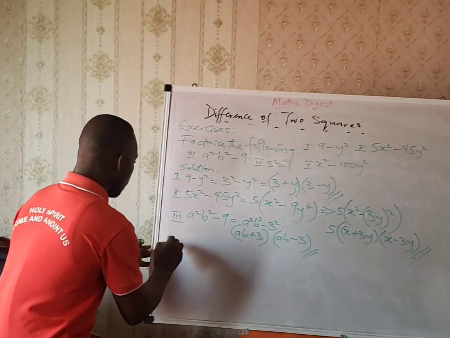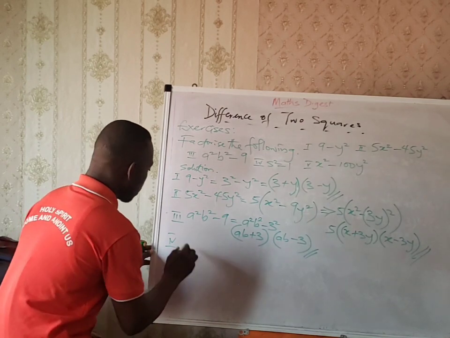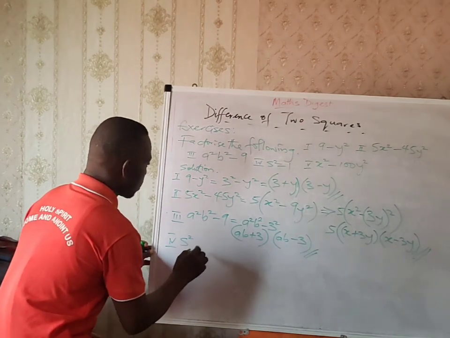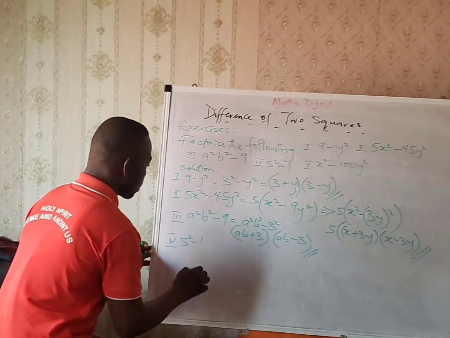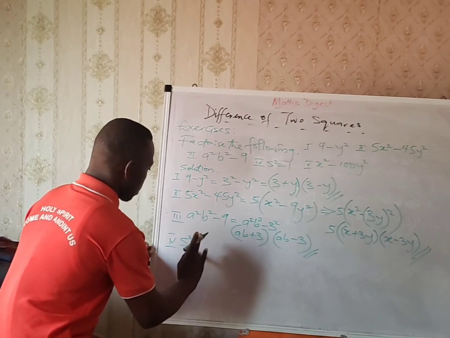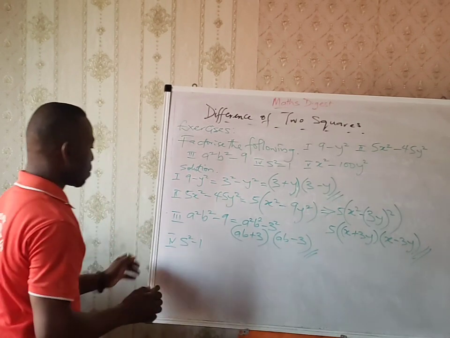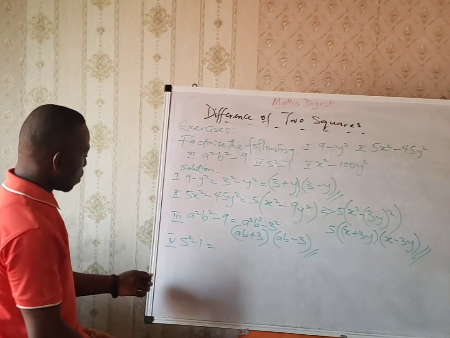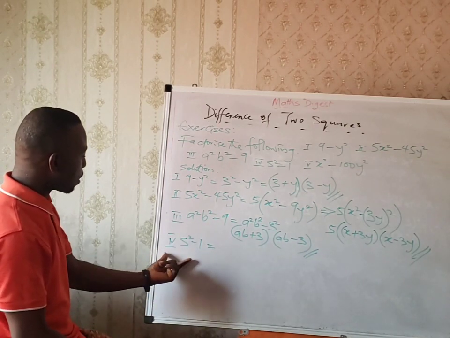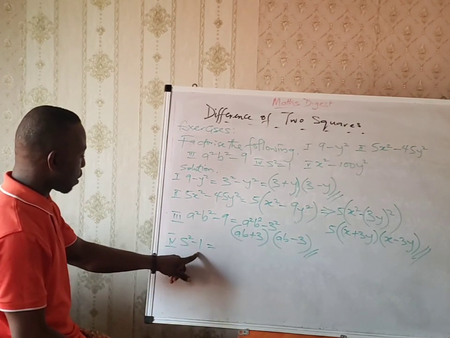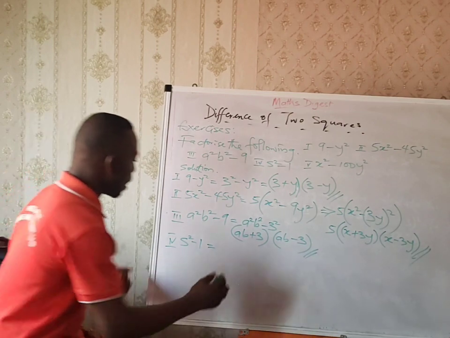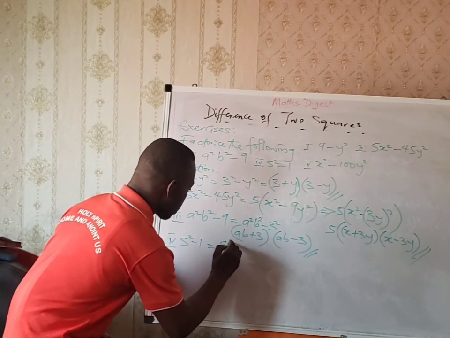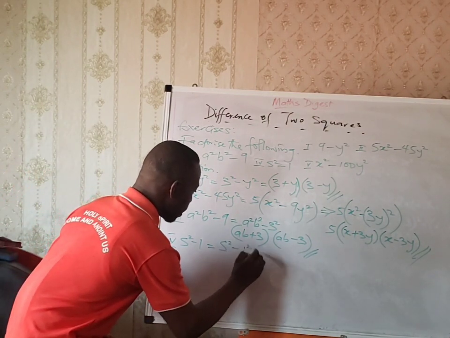While in the fourth one we have x squared minus 1. If you look at it, 1 is a special number. So what we do is we say x squared minus 1 squared.